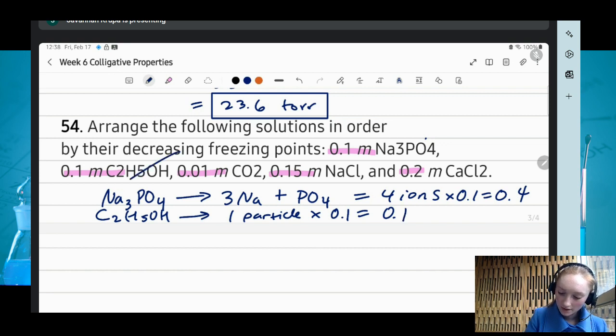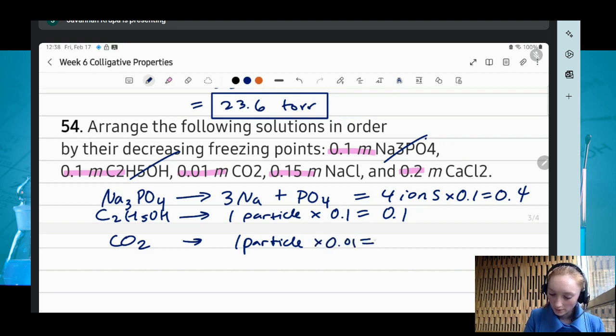Okay, now let's move on to the next one, which is CO2. CO2 is also the same way. It is going to be 1 particle. It's not going to dissolve in ions. And so multiplying it by the 0.01 it gave us, we will get a value of 0.01.